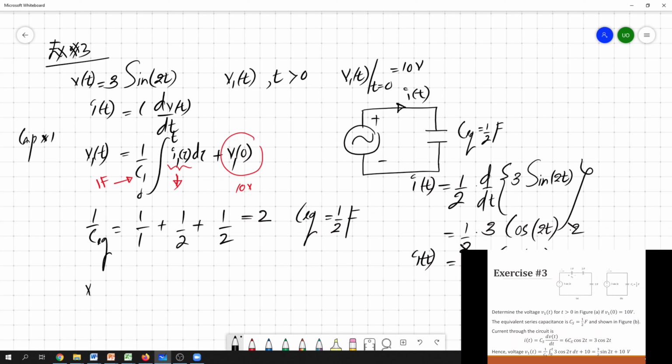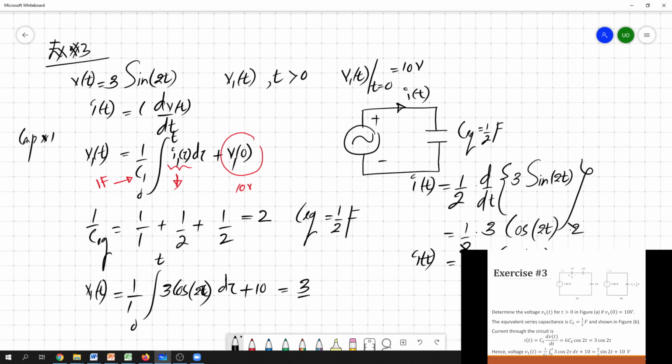V1(t) equals 1 over C1. C1 is 1 farad. Integral from 0 to t, the current flow through capacitor 1 is 3 cos 2t, so we put down d tau, plus 10 volt.